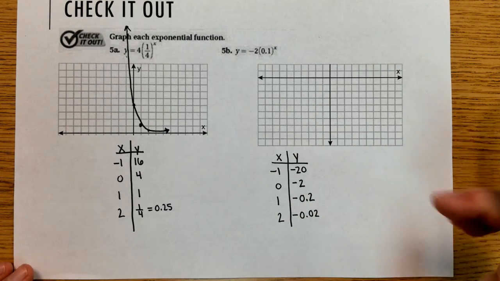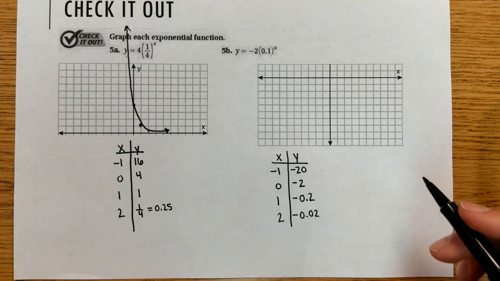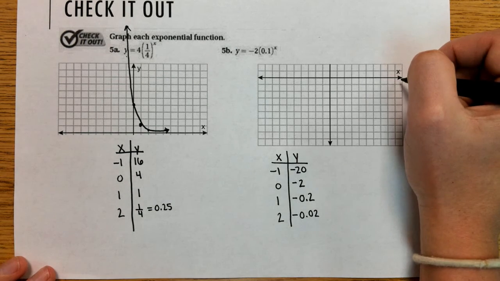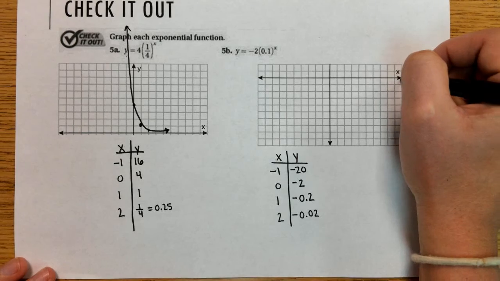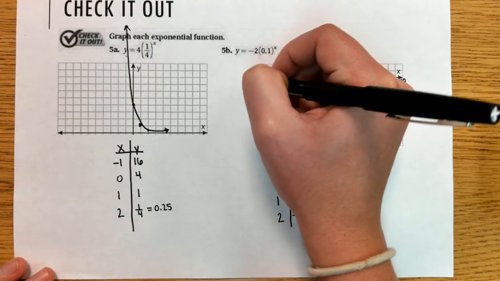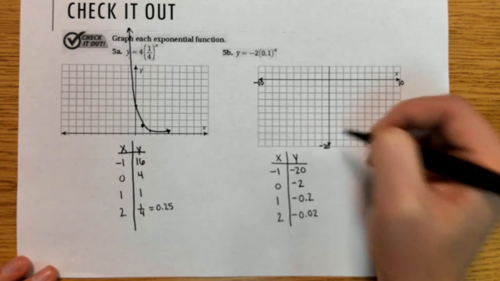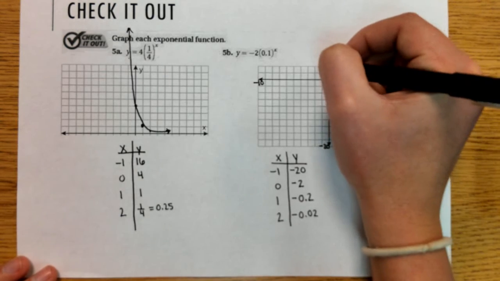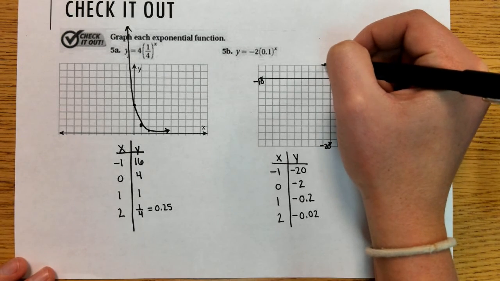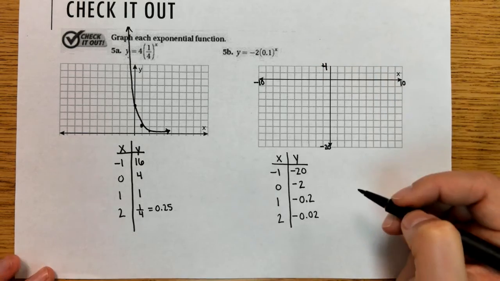So here, I'm going to scale this one by 2 just so you can see it a little bit better, but keep my x-axis scaled by 1. So this guy is going to be negative 20 down here. And this would be positive 4, so 2, 4.